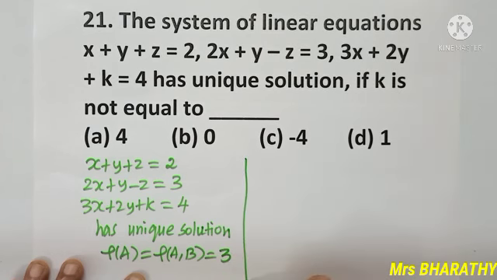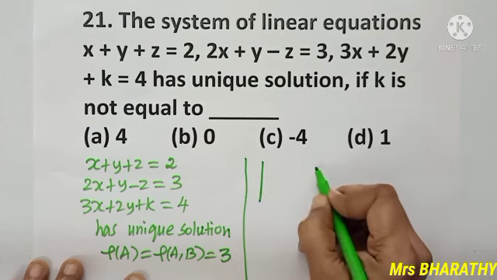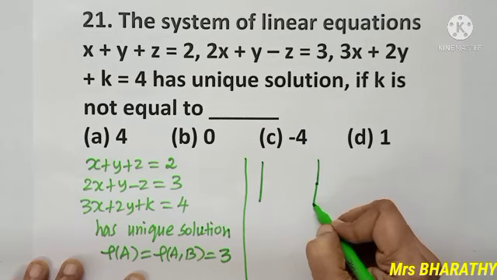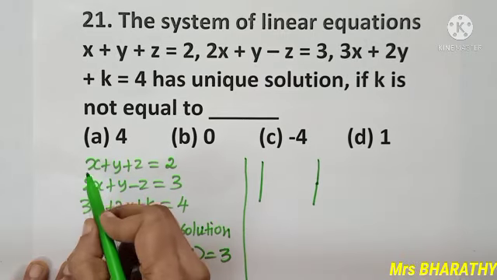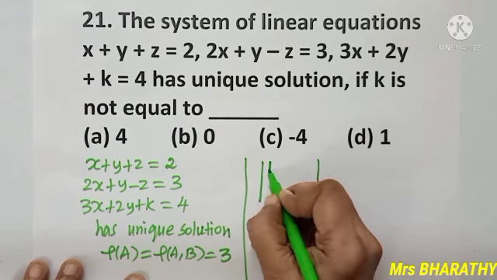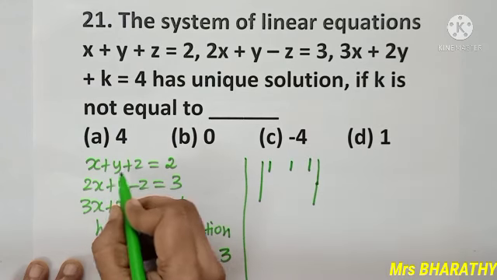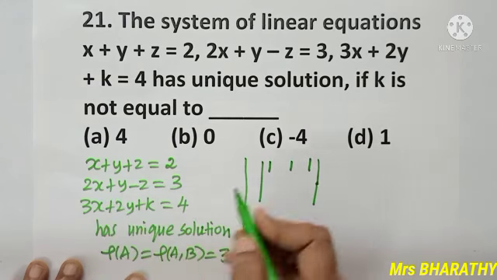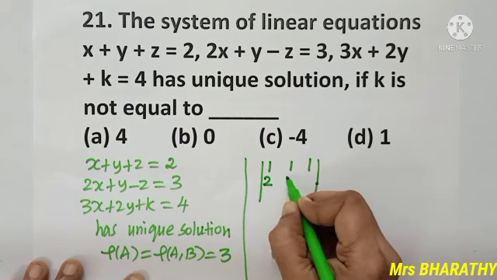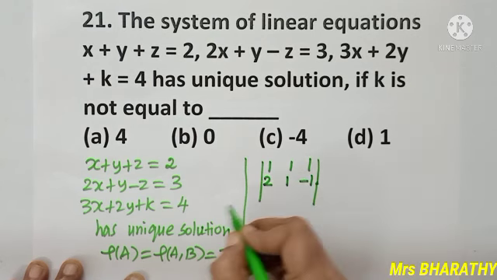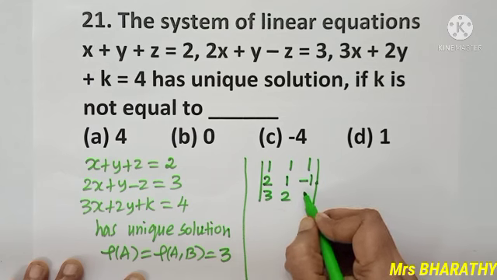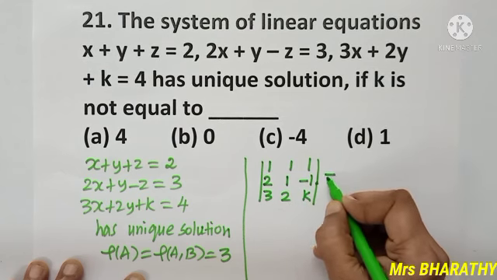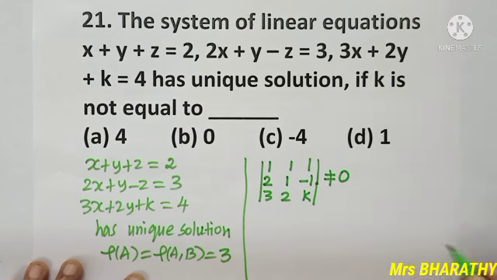So what do I understand? The third order minor should not become 0. So make the third order minor: 1, 1, 1, the x, y, z coefficients I am writing, 2, 1, minus 1, 3, 2, k. This must not be equal to 0 because the rank is 3.